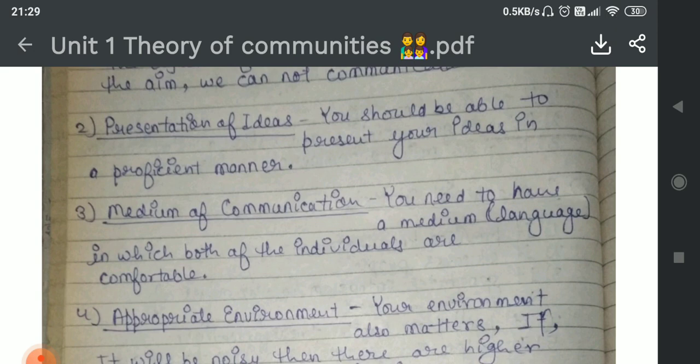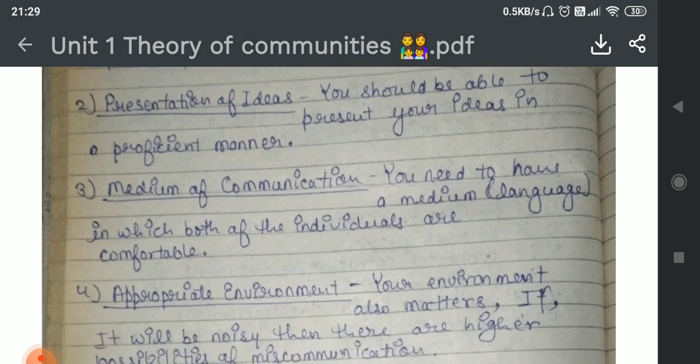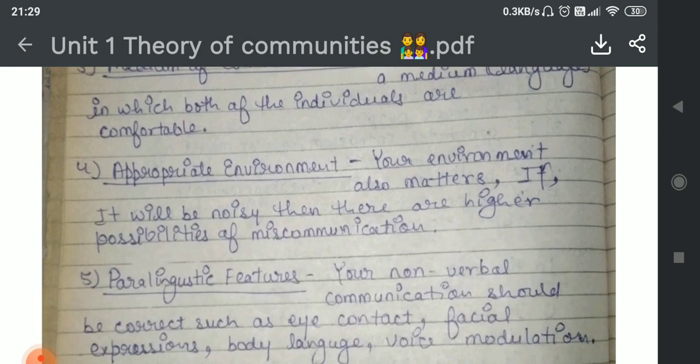Then appreciative environment. We should always appreciate everyone. As you know, communication is not a one way process. Suppose someone is asking you anything, you should ask back, you should do the counter question, you should appreciate, you should be polite, you should show some positive or good non-verbal communication like body language, eye contact, and all.